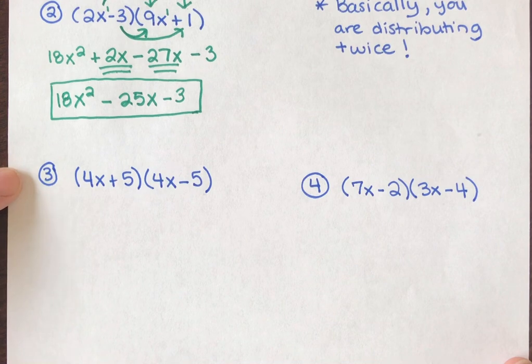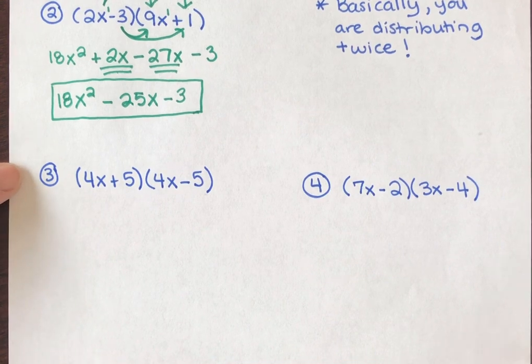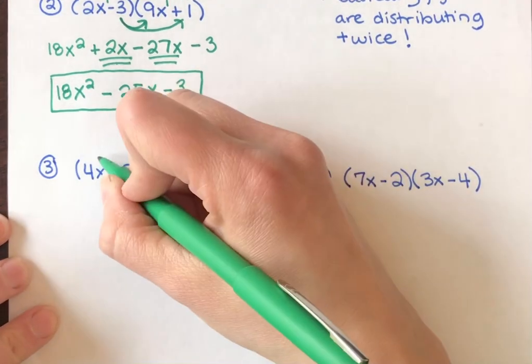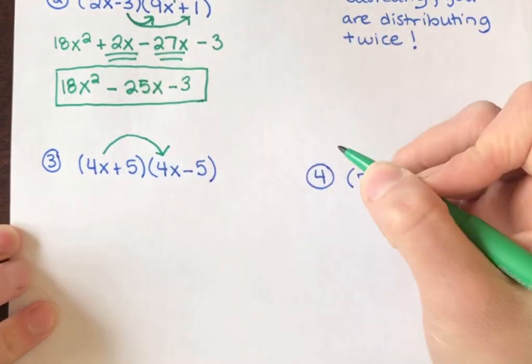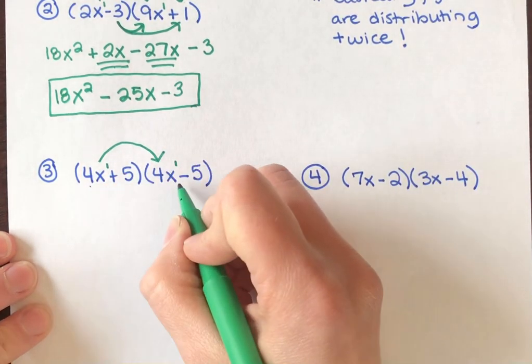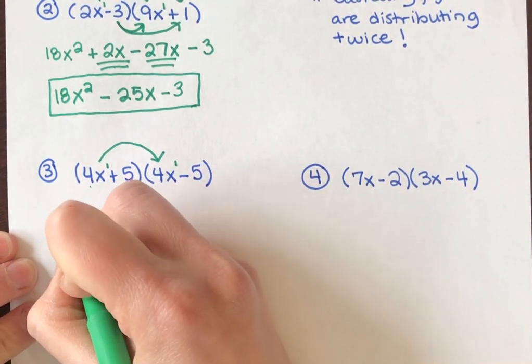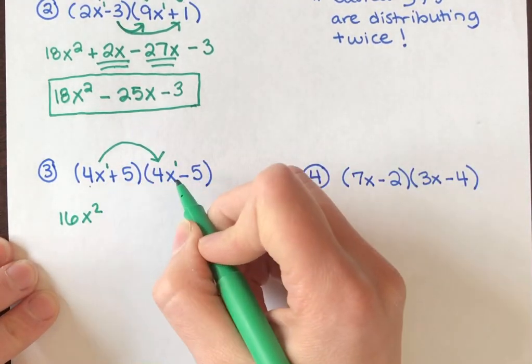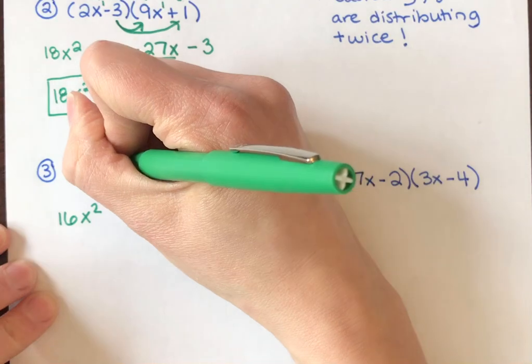All right, number 3, I'm going to multiply 4x plus 5 times 4x minus 5. So I'm going to start with the first 4x, and I'm going to distribute it to 4x. Again, if you need to put those 1s in there, you can. 4x times 4x. 4 times 4 is 16. X times x is x to the second. So 4x times 4x is 16x to the second.